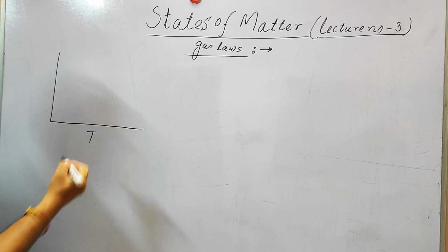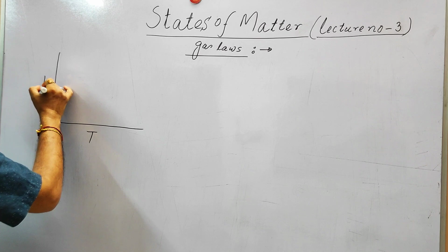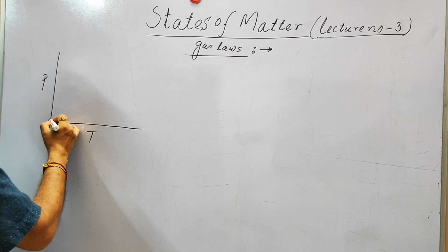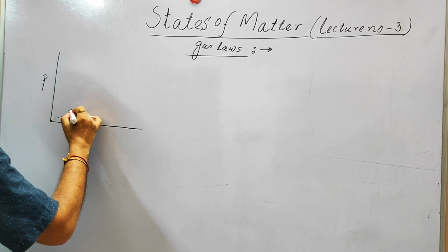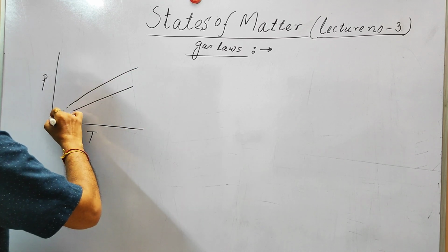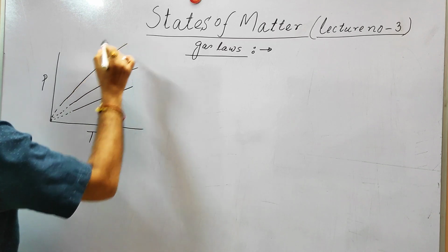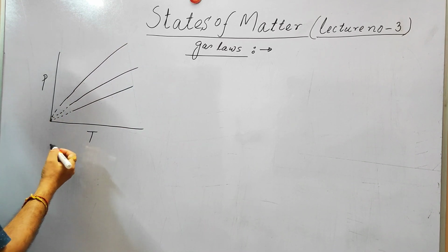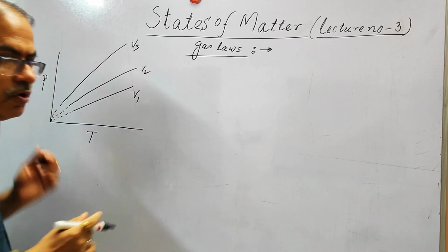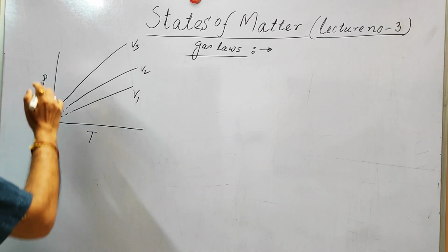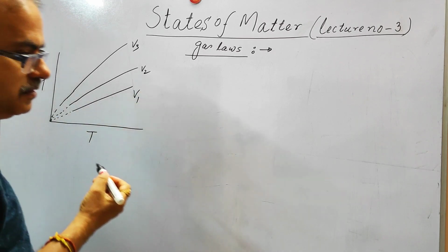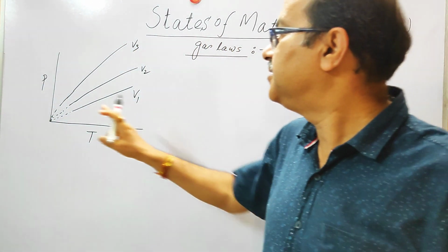Suppose on the x-axis you have the absolute temperature and on the y-axis you have P. So what we find is a relationship at constant volume for a fixed amount of gas: the pressure is directly proportional to the temperature, and the graphical representation is a straight line.